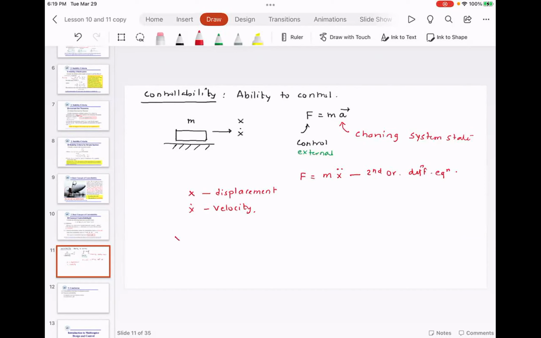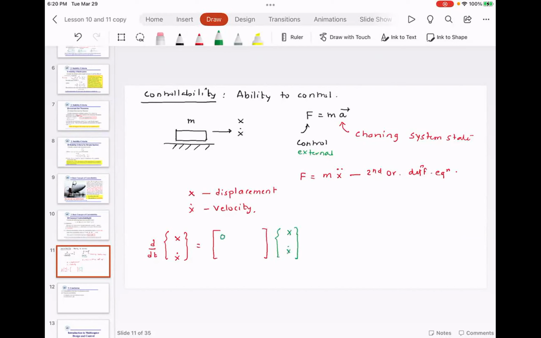So this is what I'm going to do. d by dt of the states x and x dot is equal to, I'm going to have this matrix here. Please understand, my states are x and x dot, and dx by dt is nothing but x dot.